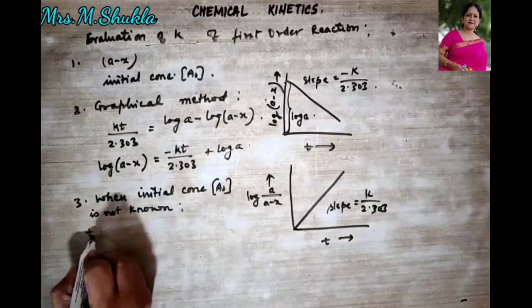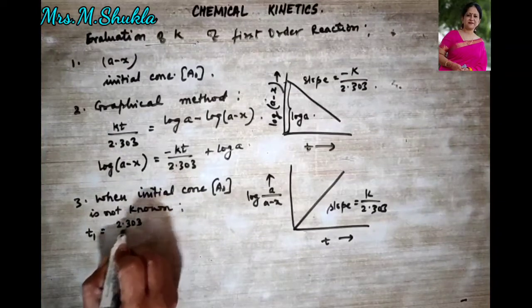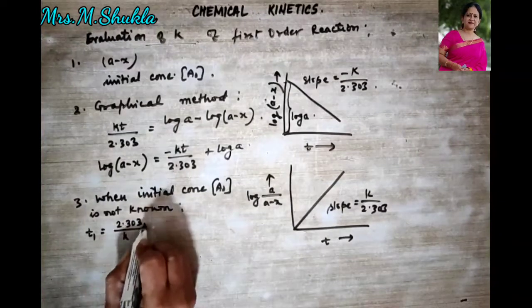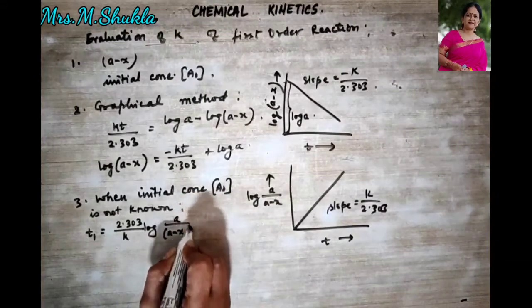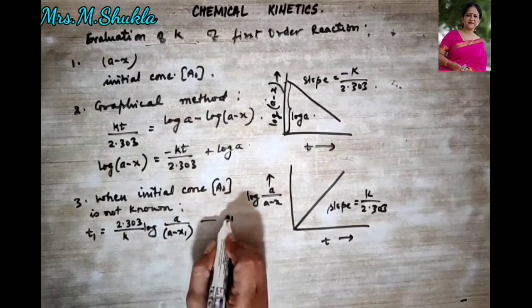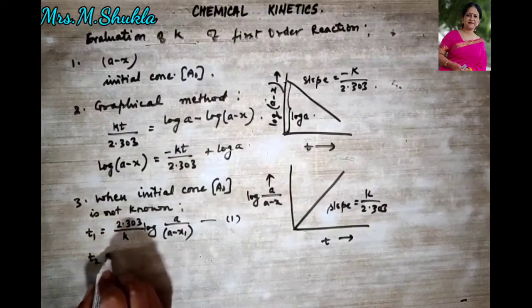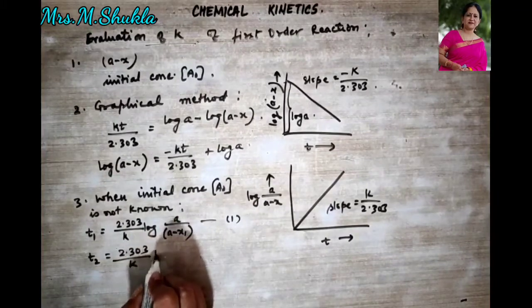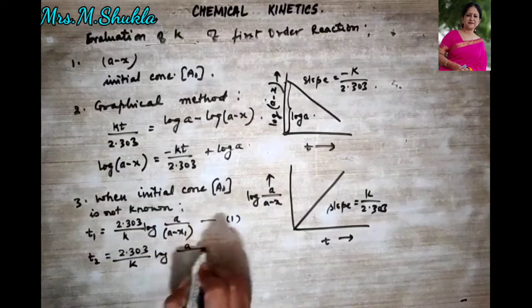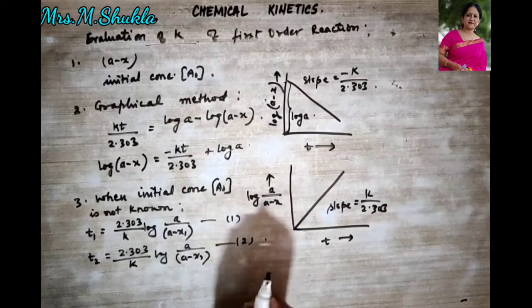Suppose t1 is equal to what? 2.303 upon K log A upon (A minus X1), right? This is for the first reading. Then for t2 it is 2.303 upon K log A upon (A minus X2). This is for the second one.